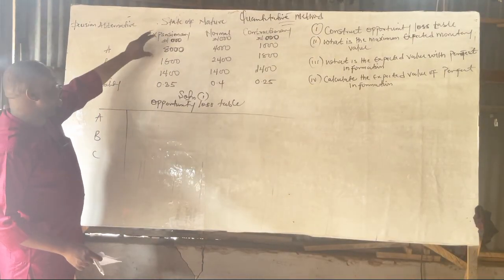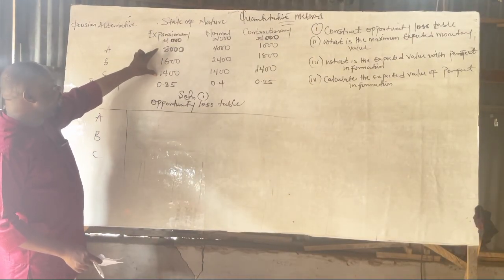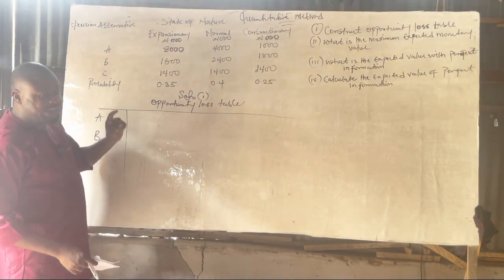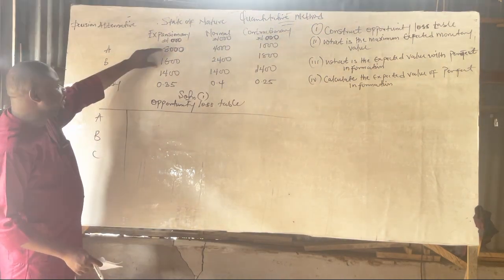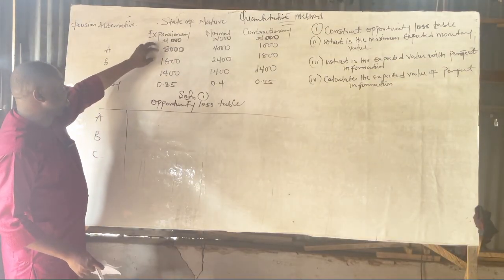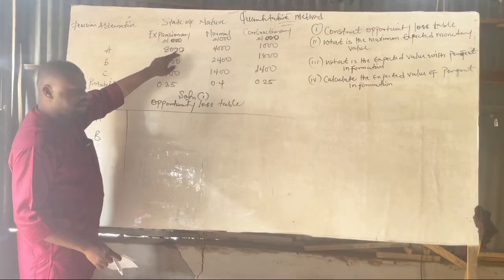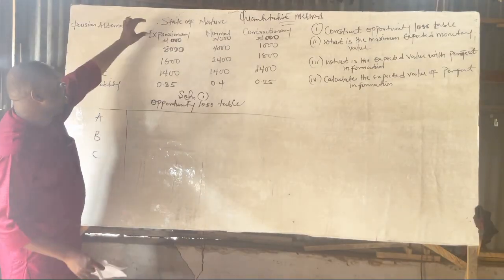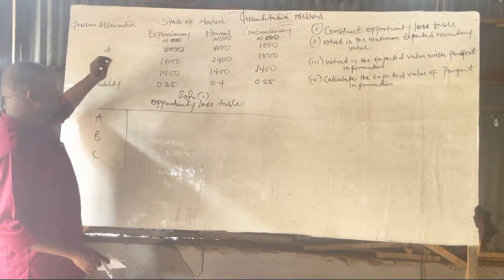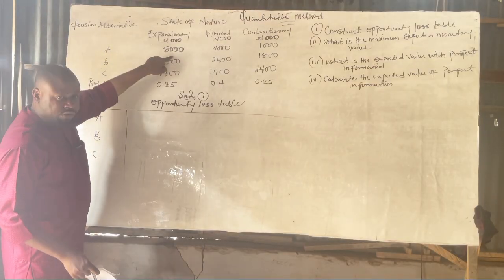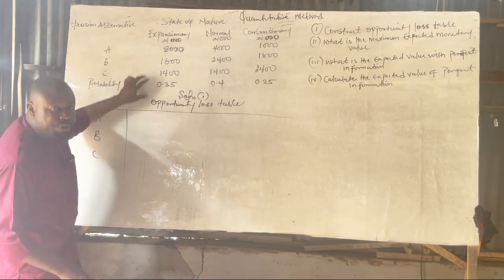Now please look at the first one, expansionary. What is the best payoff here? The best means the highest payoff in this particular state. So the best payoff is 8,000 naira. The opportunity loss for this expansionary state will be what you lose if you choose not to embark on the best payoff.